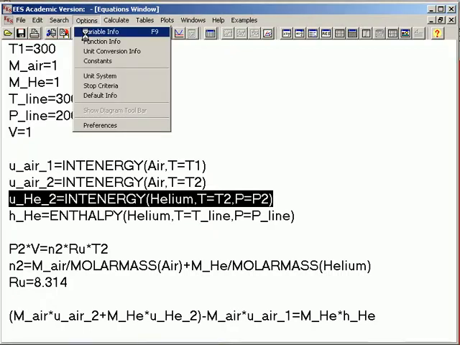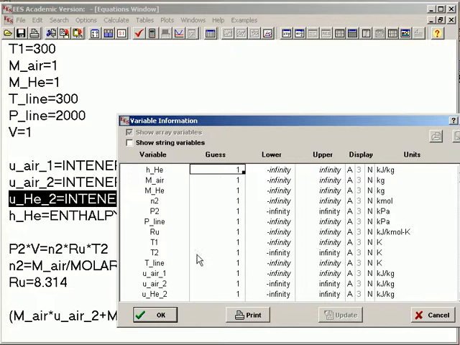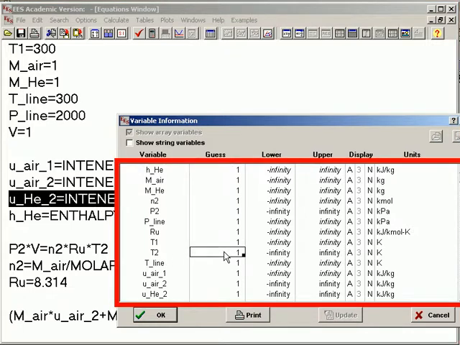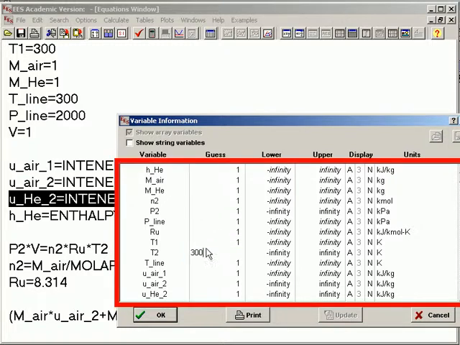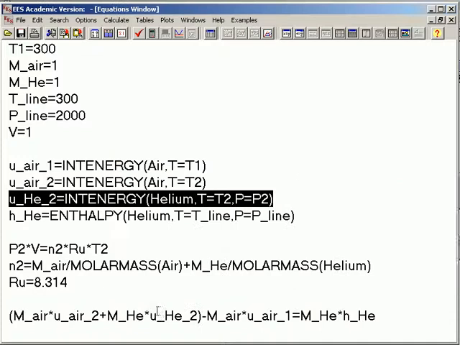So if we go back to the variable info, our initial guess for T2 is 1 Kelvin, which of course is not realistic. So let's just put in 300 Kelvin as a starting guess and see what happens.